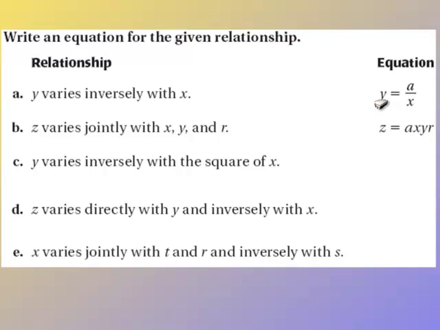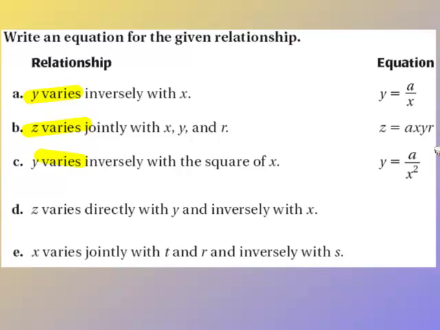But what about Y varies inversely with the square of X? So not just with X, but with the square of X. So it'll look like this. And one thing I want you to notice is that the thing that varies, so Y varies, Z varies, Y varies, that's what's by itself on one side of the equal sign, and then everything else is on the other side. So that's another way to think about how to read that.